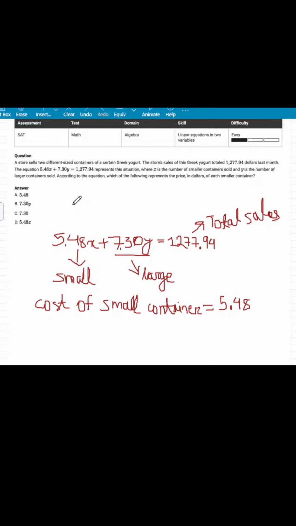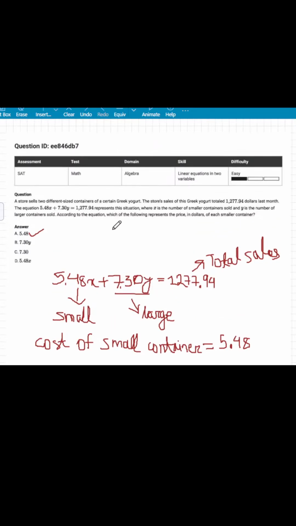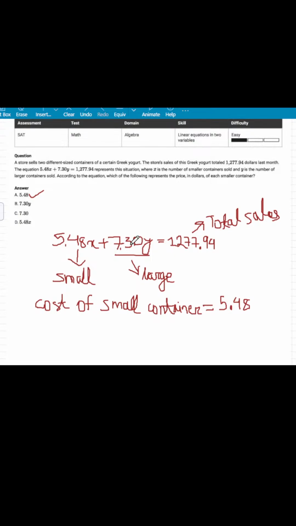So this should be 5.48, that is option A. So option A is the correct answer. Similarly, if the question had asked what is the price of each larger container, then it would be 7.3. That would be option C. But for this question, option A is the right answer.